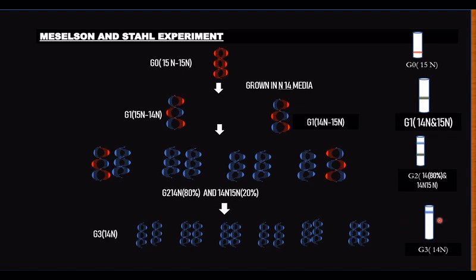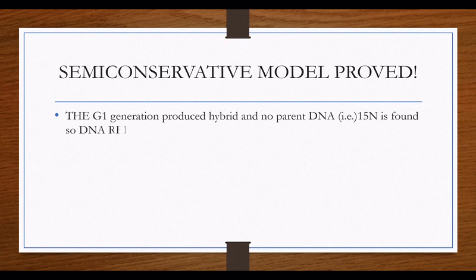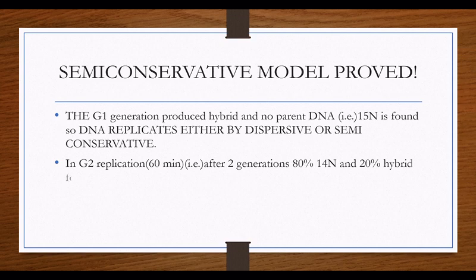How did Meselson and Stahl prove this? The G1 generation produced hybrid and no parental DNA, that is 15N is not formed. So the DNA replicates either by dispersive or semi-conservative. In G2 replication, that is after 2 times replication, after 60 minutes, they saw 80% 14N and 20% hybrid.